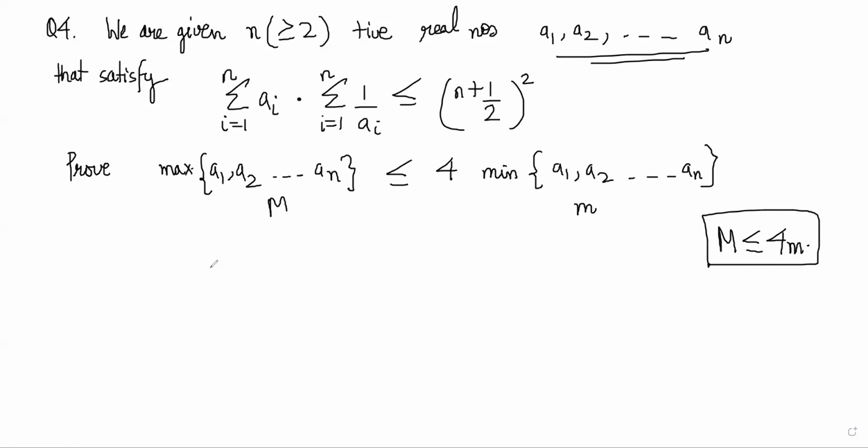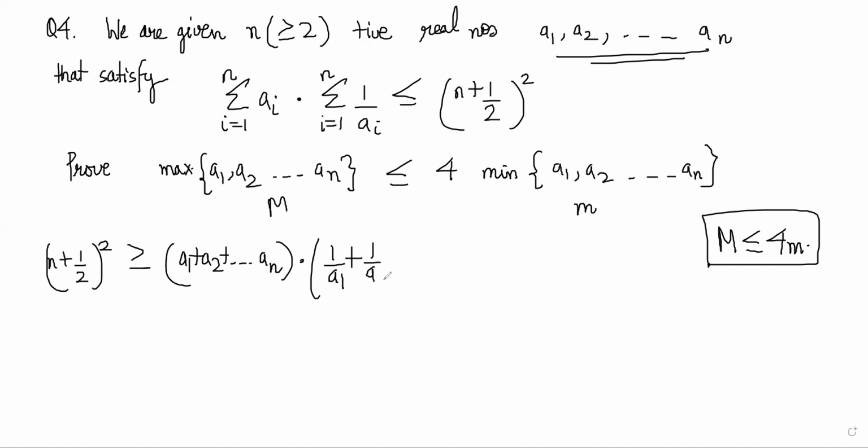Now what is given to us? We are given that (n plus half) whole square is greater than or equal to (a1 plus a2 plus an) multiplied by (1 by a1 plus 1 by a2 plus 1 by an), right?